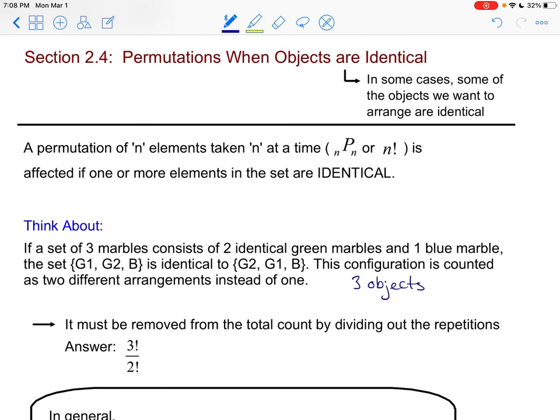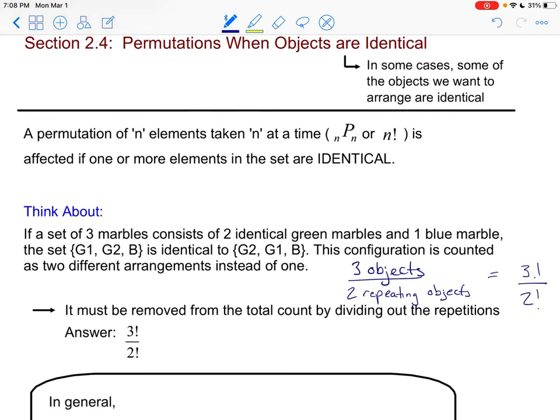But now we want to remove the repetition, so we're going to divide it by the number of ways to sort the 2 repeating objects. What that gives us is we'll sort all 3 objects and then we'll remove the repeating ones. So that's 3 factorial over 2 factorial.